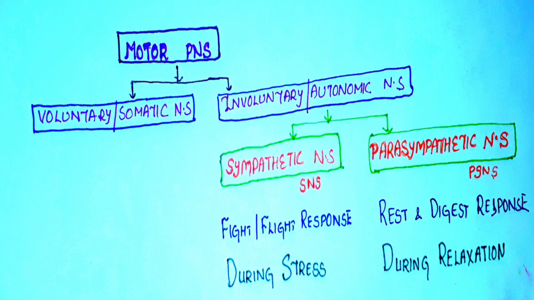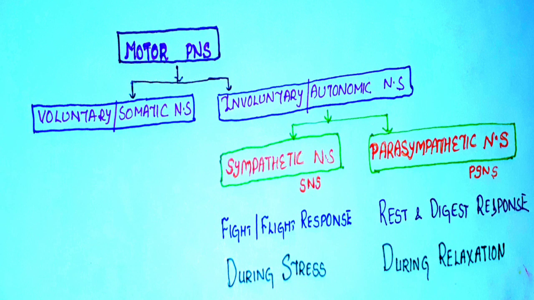The involuntary or autonomic nervous system is again divided into the sympathetic nervous system and the parasympathetic nervous system. Right now, while we are sitting comfortably in a position, sympathetic activity and parasympathetic activity will be in balance.